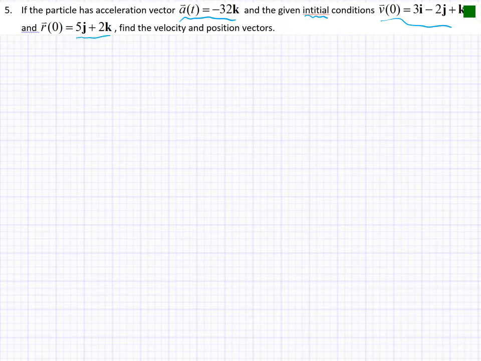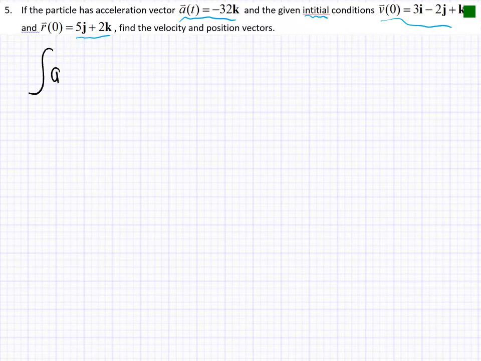We need to find the velocity and the position vectors. Velocity is the first derivative of the position function, and acceleration is the second derivative of the position function, or the derivative of the velocity. So we're going backwards, which means we integrate the acceleration vector to get the velocity vector.